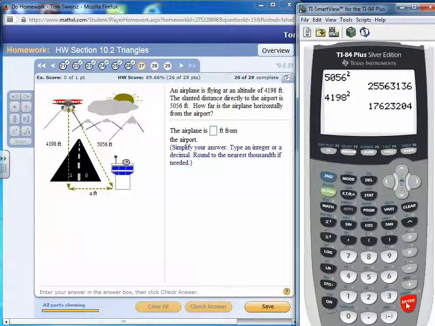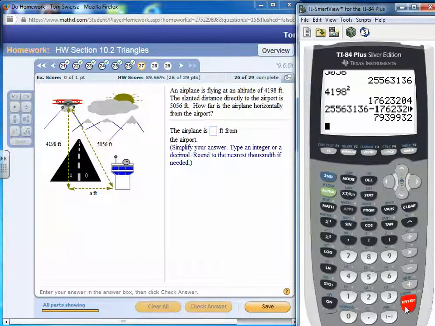And then we're going to have to find the difference, so I'll go ahead and do that already when we're solving. 30,869,136 minus 17,623,204. And the difference is going to be that right there.